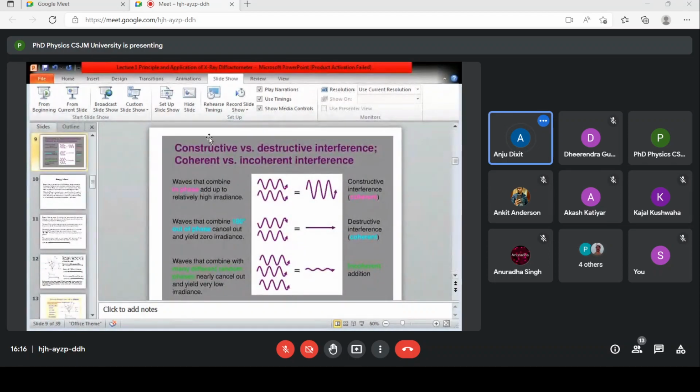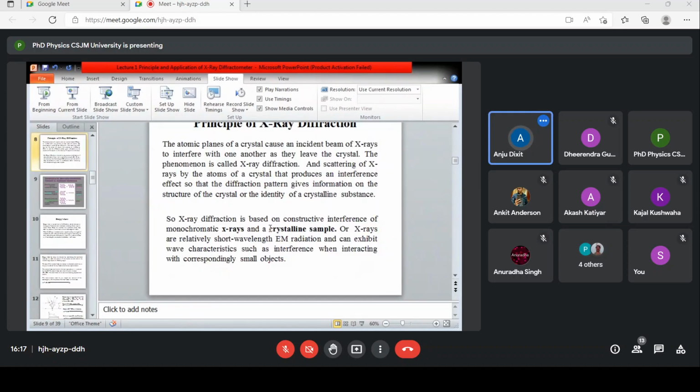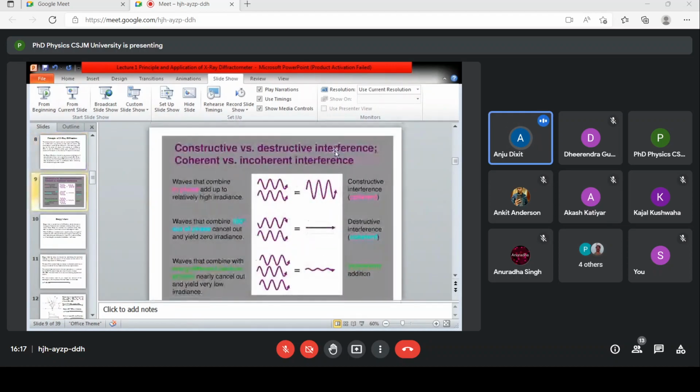Now I am on the slide constructive versus destructive interference, that is, coherent versus incoherent interference. Here the distinction between constructive and destructive interference is shown. Waves that combine in phase add up to relatively high irradiance, as shown in this figure, and this is constructive interference, and we can also say coherent scattering is there.